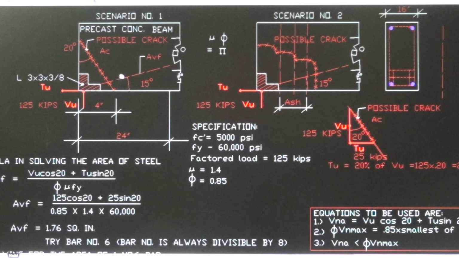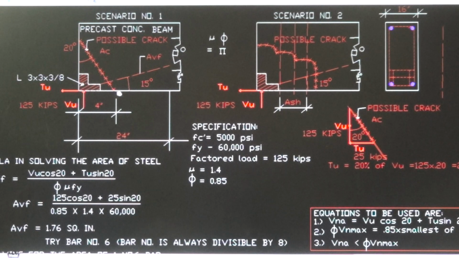The actual calculation, by theory, of the development length of the reinforcement is shorter than 24 inches. I extended that to 24 inches for the reason that we don't really know the exact location of the crack.